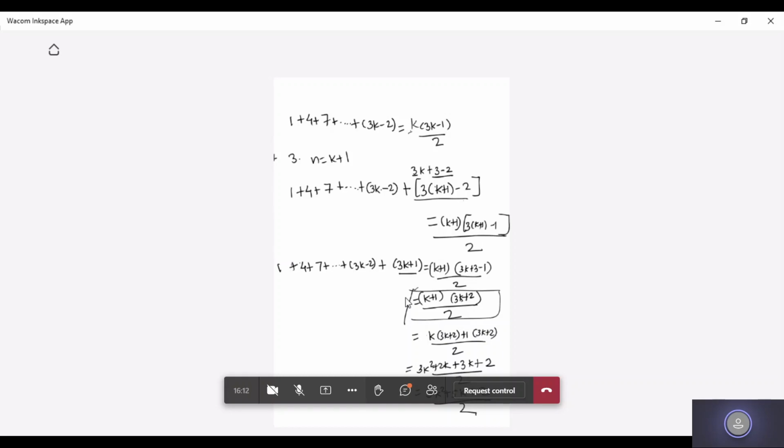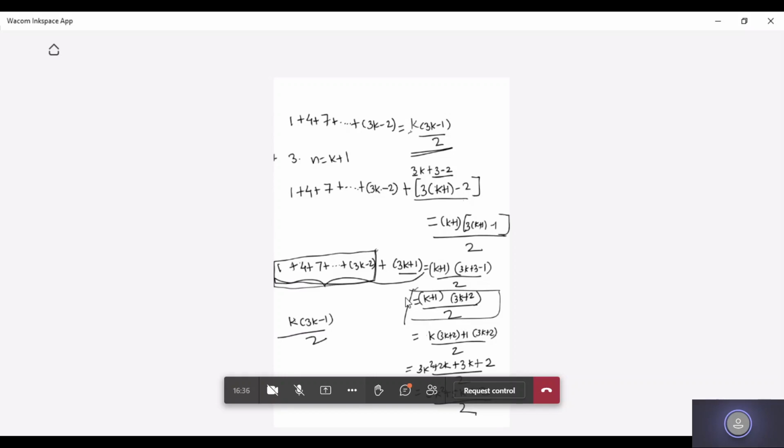Now for LHS, this is our LHS. Okay. So up to this term, we have got the equation. So we have to add 3k plus 1 to that equation. That's it. So what equation are we having? This equation, right? So k(3k minus 1) divided by 2.